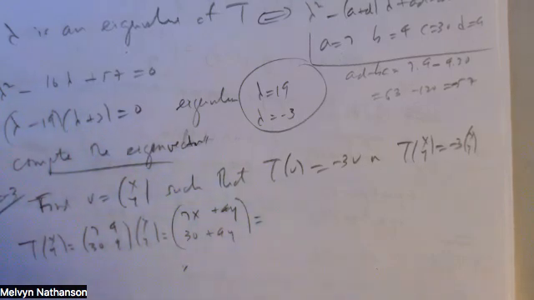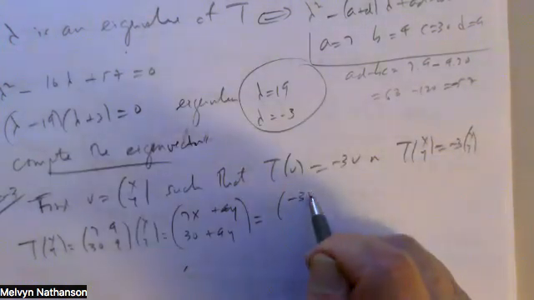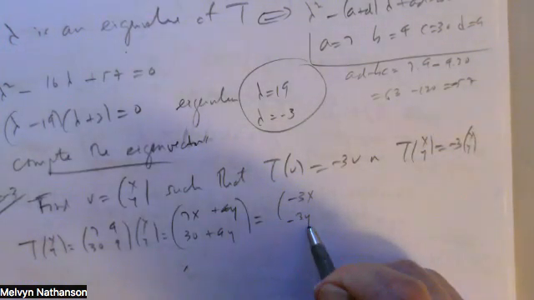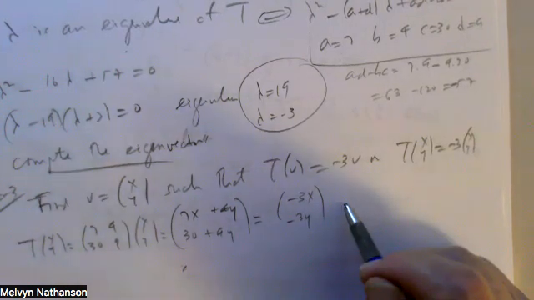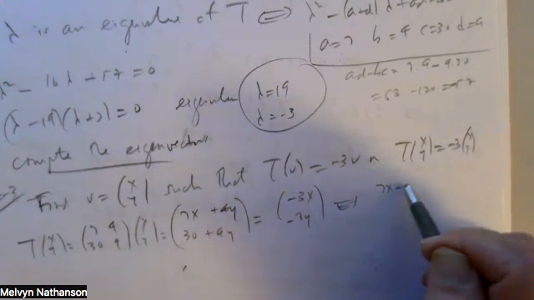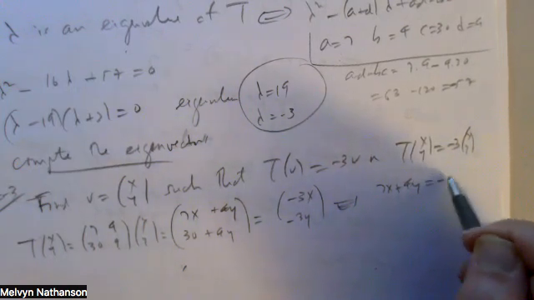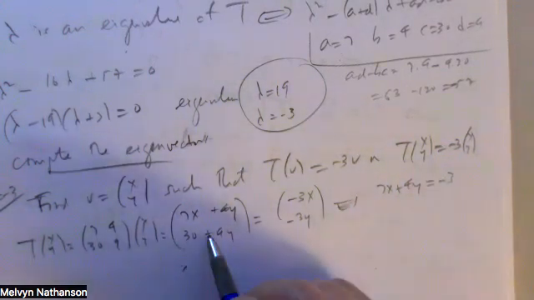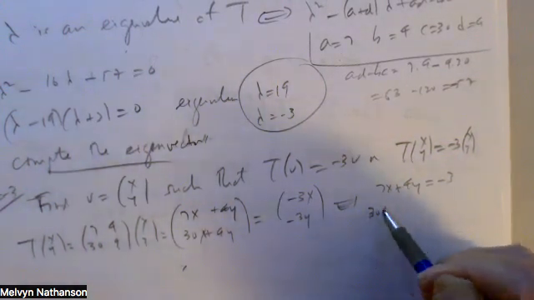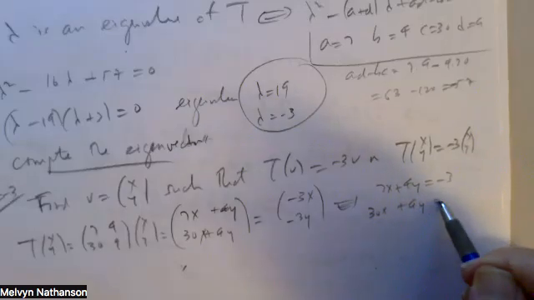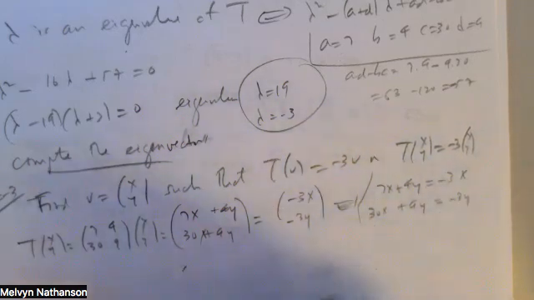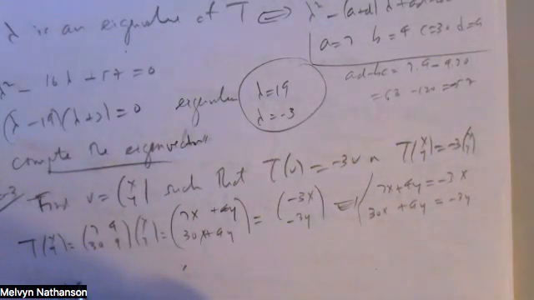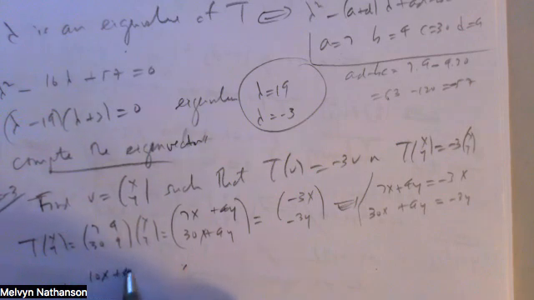And we want that to be equal to minus 3 times (x, y), which is (minus 3x, minus 3y). So 7x plus 4y equals minus 3x, 30x plus 9y equals minus 3y. So this is the same as 10x plus 4y equals 0.